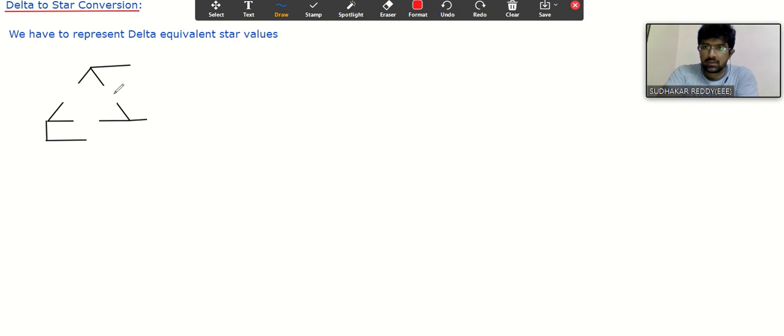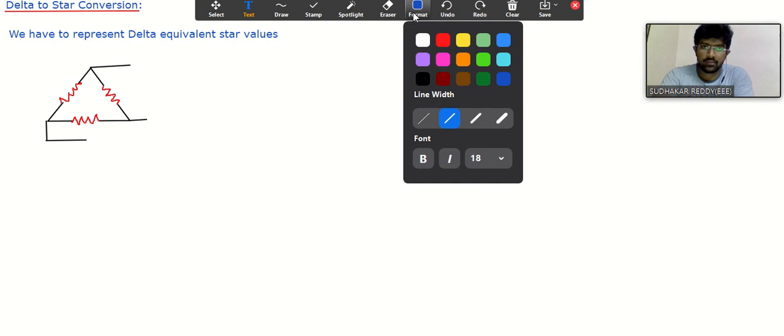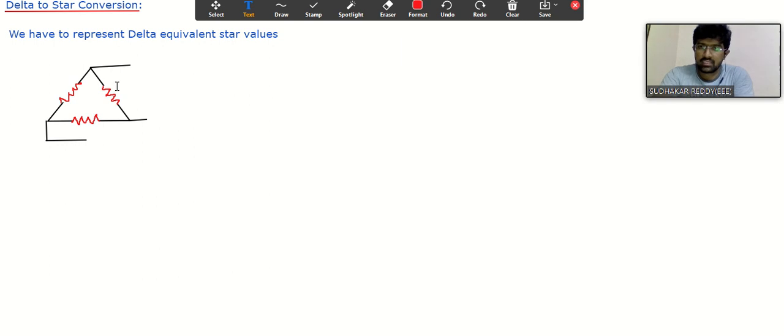And I will use red color for my delta connection. This is my first resistor. I consider the resistance value R1, and this is the second resistor. I consider the resistance value R2, and this is my third resistor in the delta connection. I consider the resistance as R3. Right. So that means this is the given delta connection.